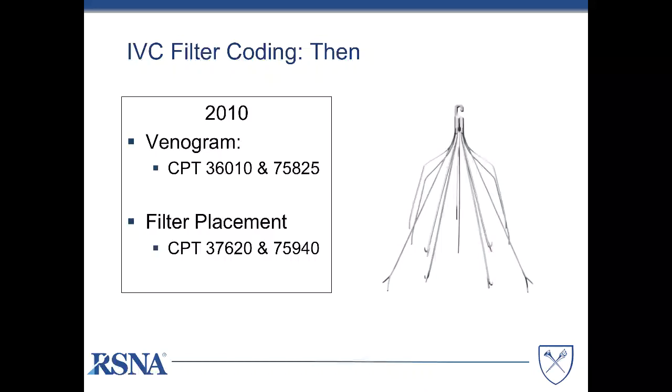And then a code for the filter placement itself, 37620, which historically was used by surgeons, and the radiological supervision and interpretation code, 75940, which was used for their radiologist colleagues, providing guidance. As IVC filters became percutaneous procedures and could be performed entirely by one operator, now most commonly interventional radiologists, that provider was then able to report all four codes for an average Medicare professional reimbursement of a bit over $500.